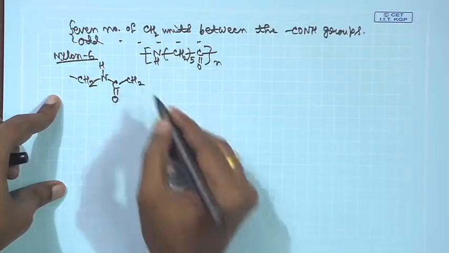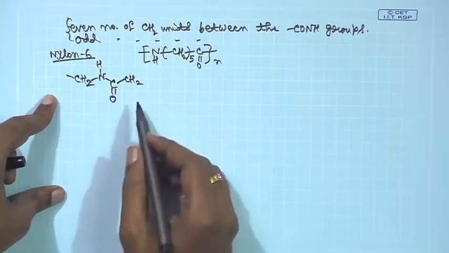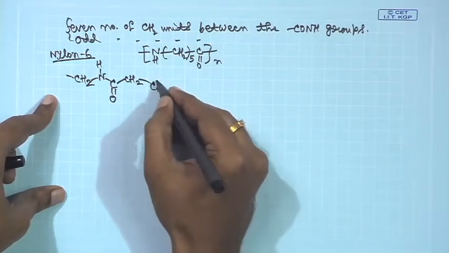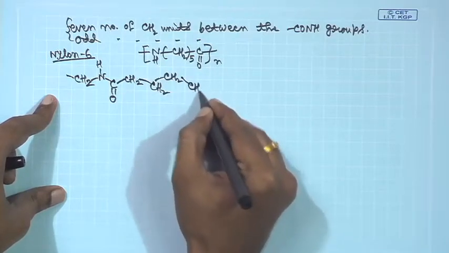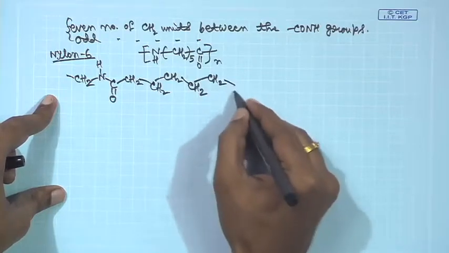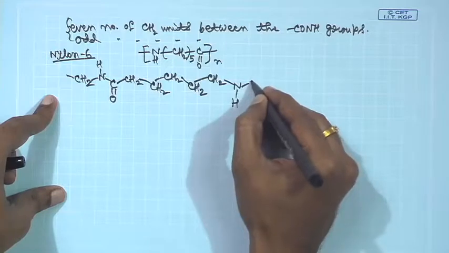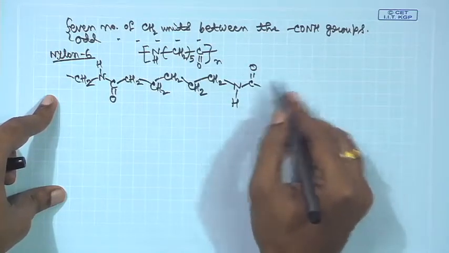So, 1, 2, 3, 4, 5. And then you have another NH unit, and then again you have CO, and then you have 5 CH2 units again.